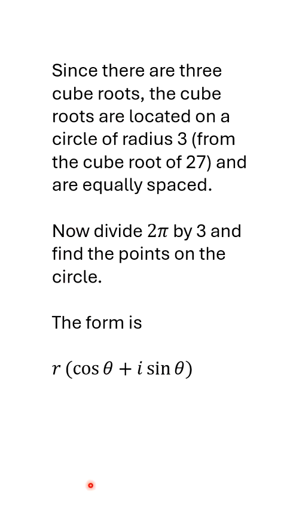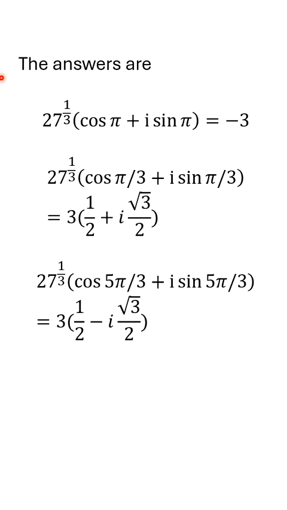And in this case, our angle is going to be pi, pi minus 2 pi over 3, or pi over 3, and pi plus 2 pi over 3, or 5 pi over 3.